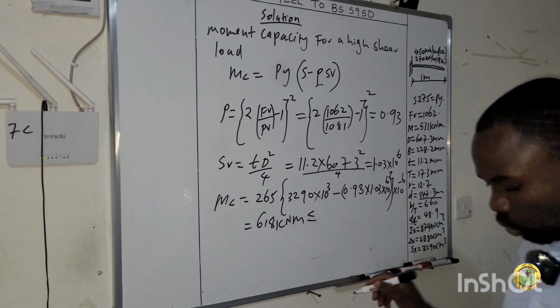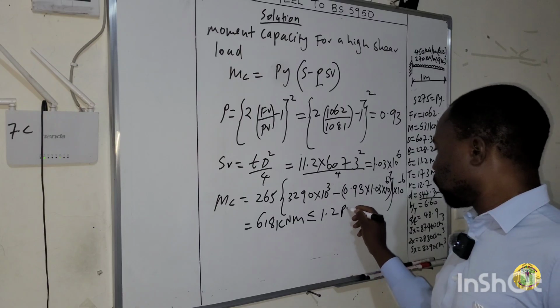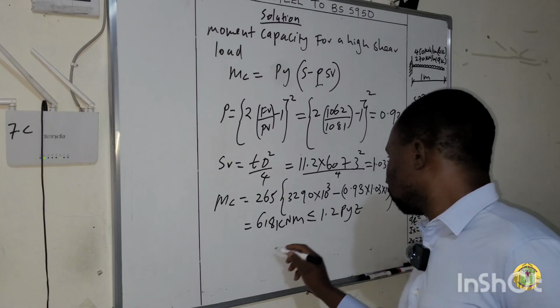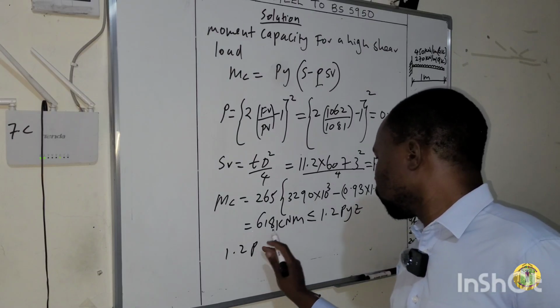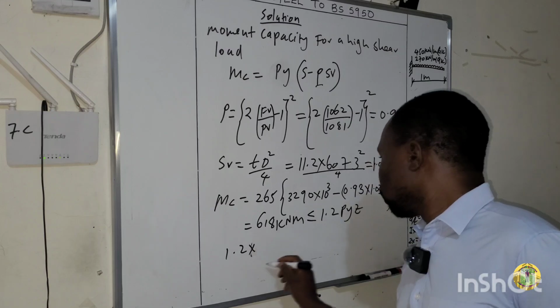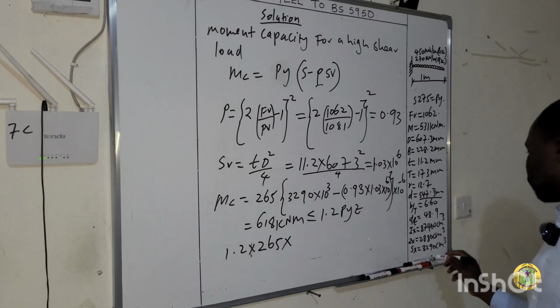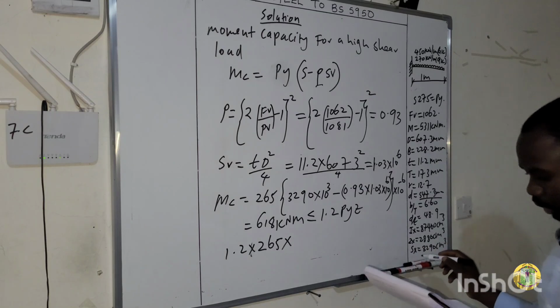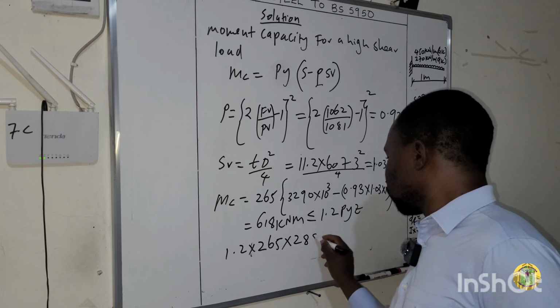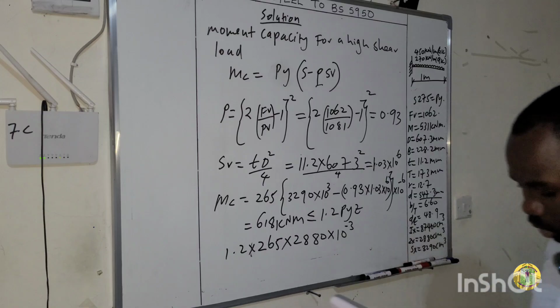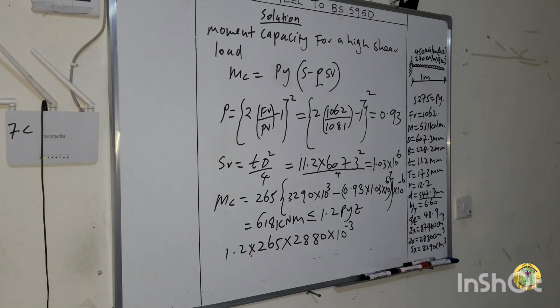must be less than or equal to 1.2 PYZ. So 1.2 times PY is 265. Then Z is this one, 2880. You multiply by 10 to the power of negative 3 to change it from centimeter cubed to millimeter cubed.